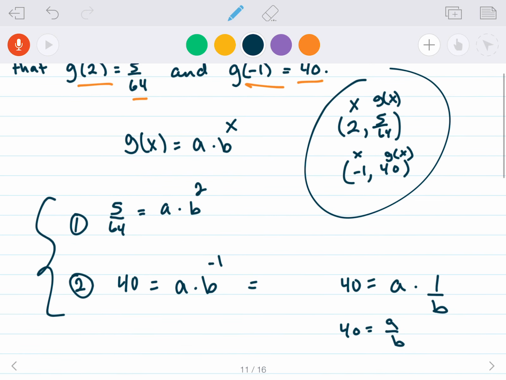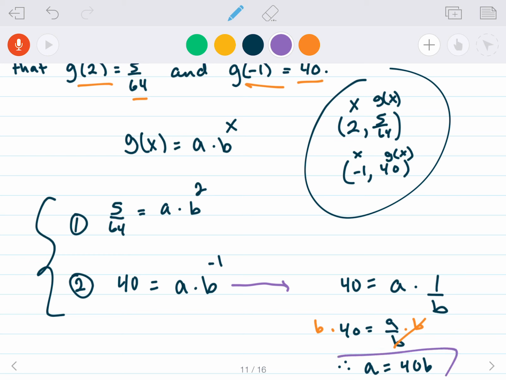And if I multiply both sides by b to isolate a, I get that a is equal to 40 times b. So that information I got from equation 2. I just rearranged it so that a was on one side by itself.